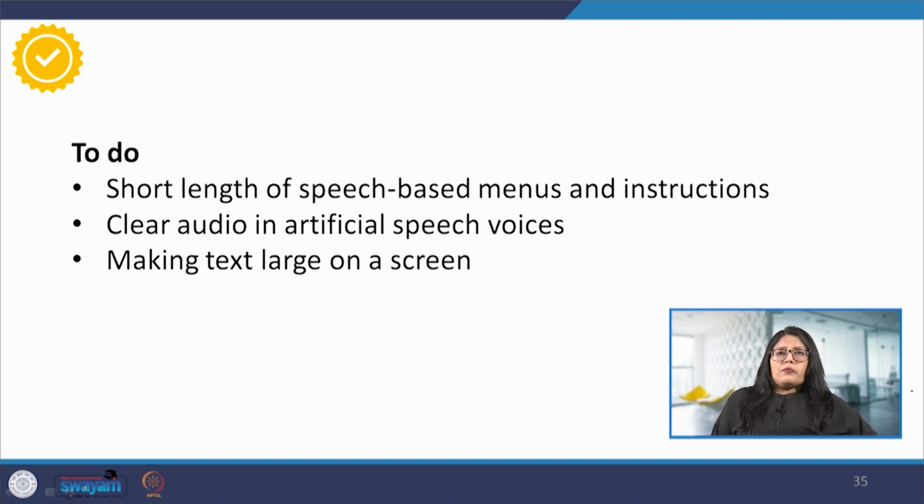So, we can take from here for interactive interfaces, when we are giving feedback through speech, because these products can have various ways of passing on the information: short speech based menus and instructions, so that the user is able to understand them.